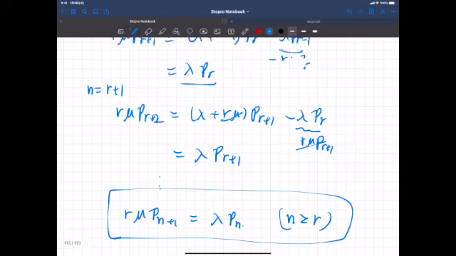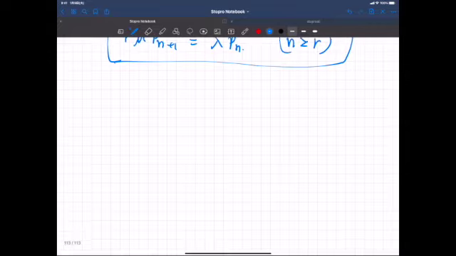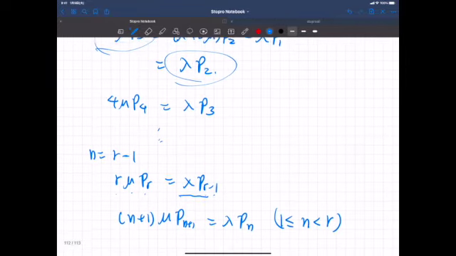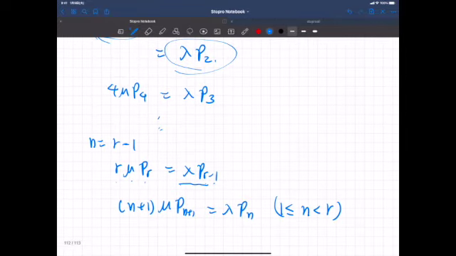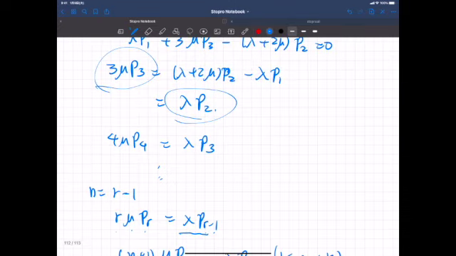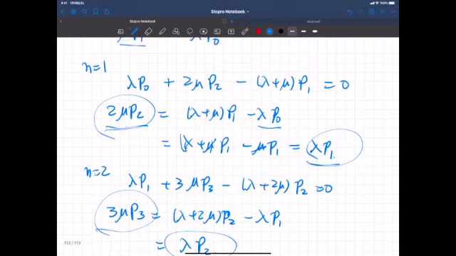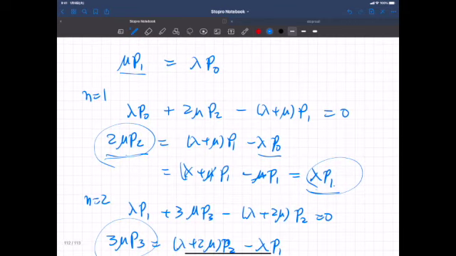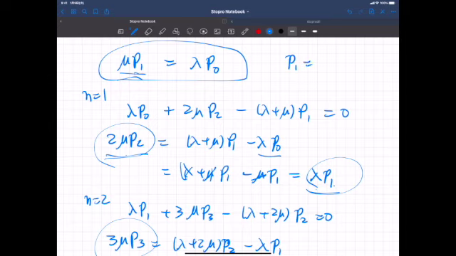So those are the recursive equations for the p_n's, and let's reduce everything in terms of p0 first. So from this, p1 is expressed in terms of p0.